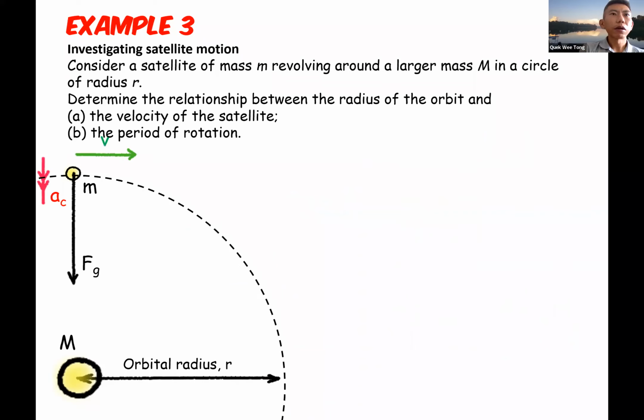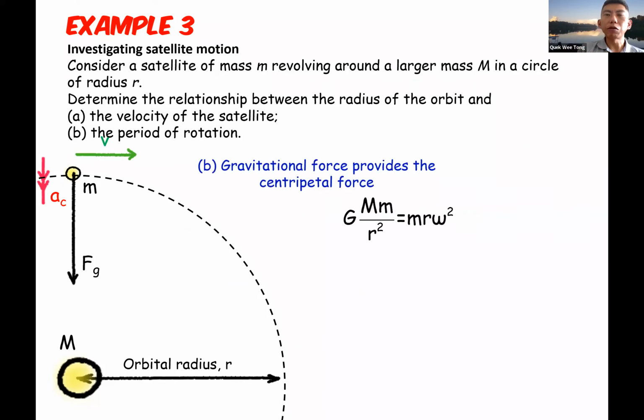Next, what about the period? You do the same thing, but this time you write m r omega squared for centripetal force. Cancel them out, so you have GM over r cubed. You shift the r over to the other side, so GM over r cubed, but then you have T as the denominator. So what if you make T the numerator by flipping the equation on both sides?